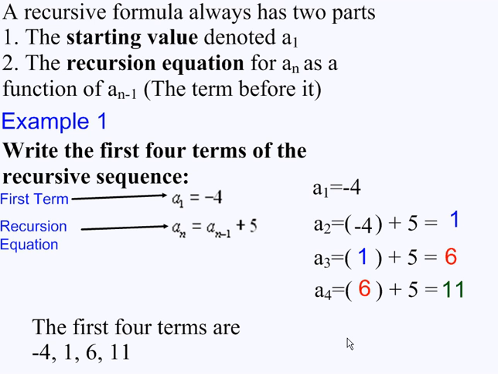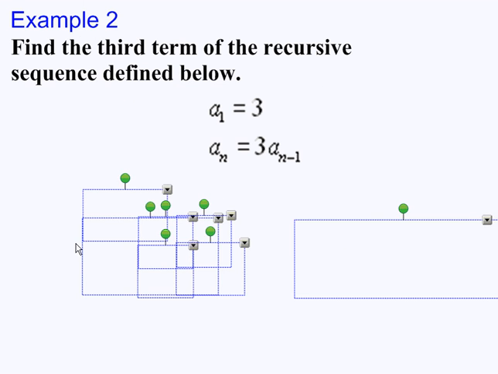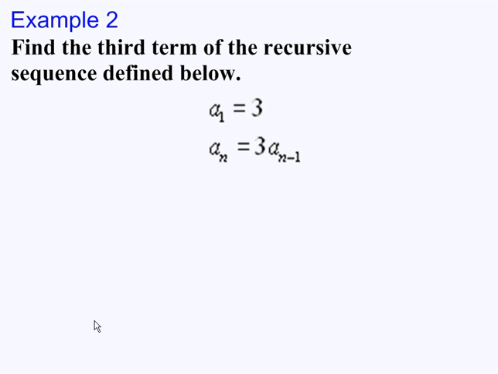Let's look at another example. It says find the term of the recursive sequence defined below. Again, we have our beginning term here, and then we have our recursive equation, which is telling us to take the previous term, A_(n-1), and multiply it by 3.